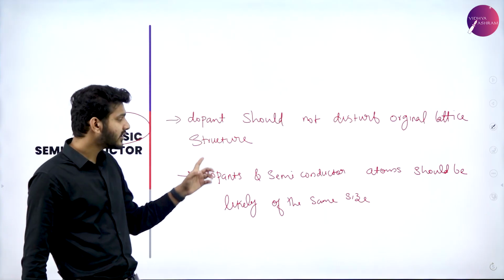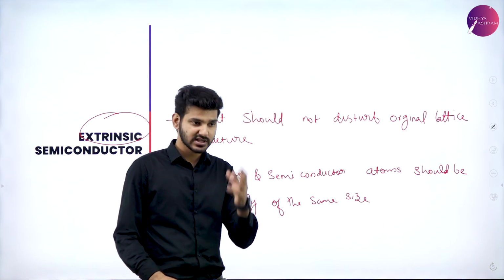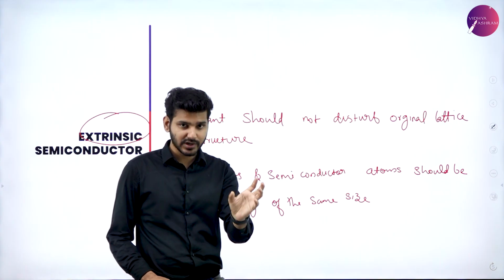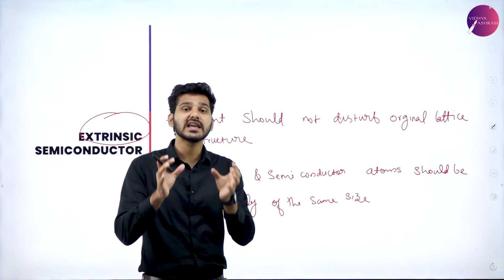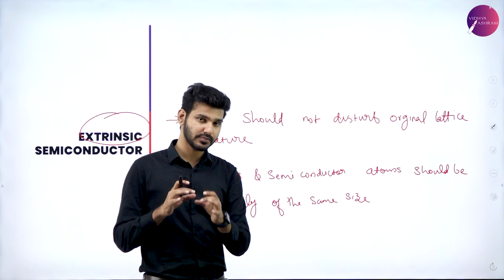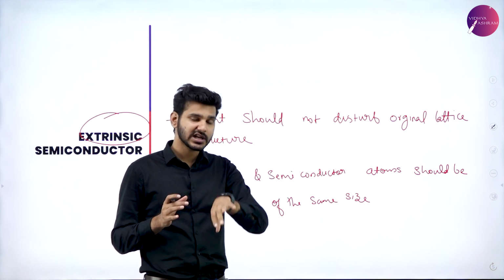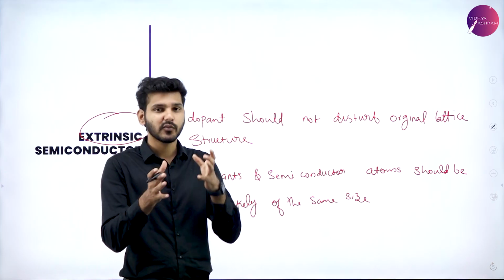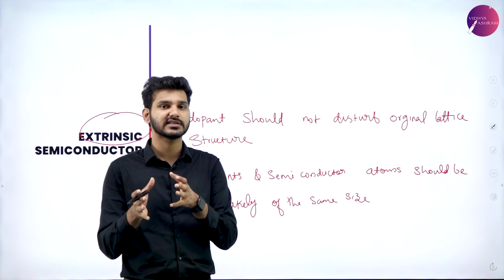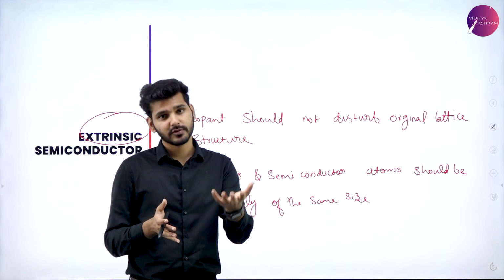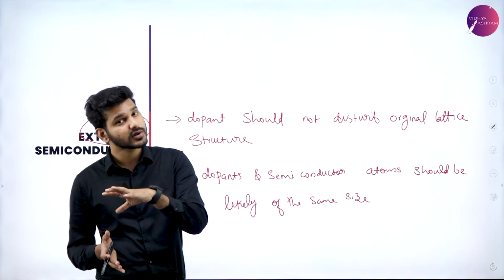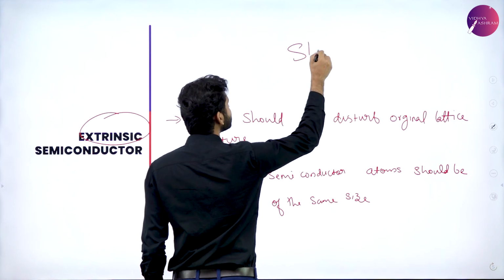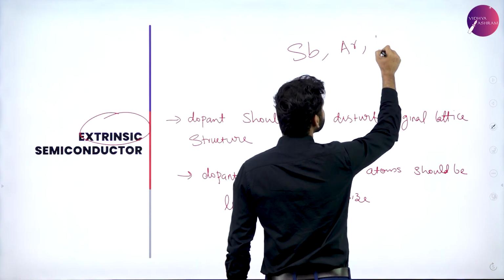And then the dopants and semiconductor atoms, that is whatever impurities you are adding, should have very similar sizes. For example, if you're doping germanium or silicon, that is why you dope it with fifth group or third group elements like antimony, arsenic and boron.